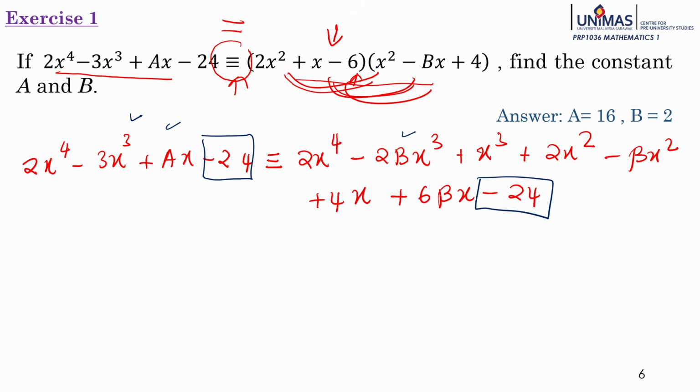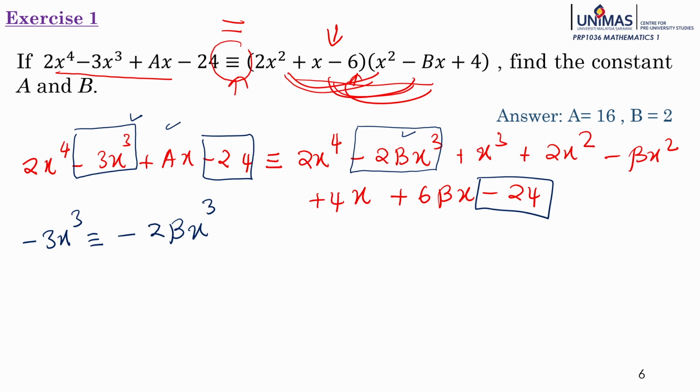So when you choose the power of 3, negative 3x cubed is equal to negative 2bx cubed plus x cubed, this one, right? And then you just take the coefficient, that means negative 3 equals negative 2b plus 1, right? This one is a 1. And then you simplify, you get the answer b is 2.